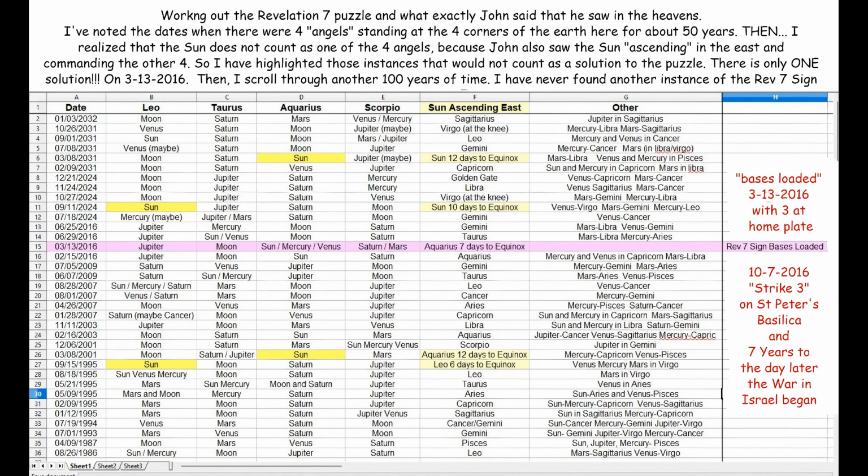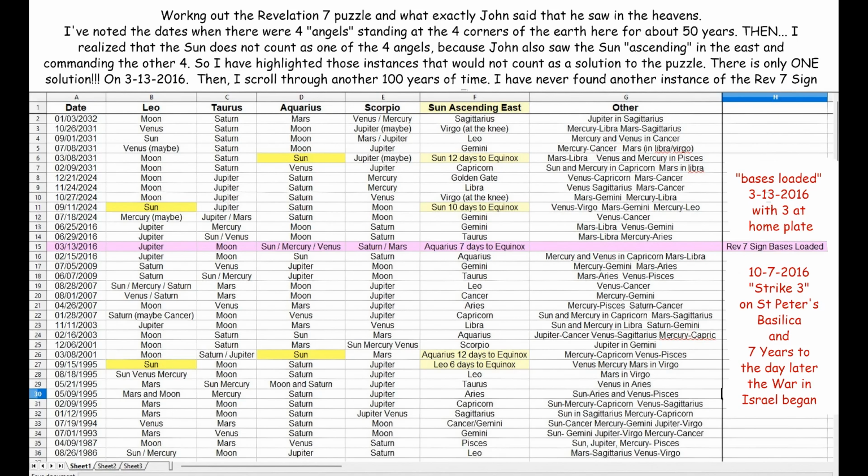However, I then realized that the sun counting as one of the 4 angels that would be occupying a base doesn't actually count, does it? John tells us that the 4 angels were occupying the 4 corners or bases, and the sun was also rising or ascending in the east.